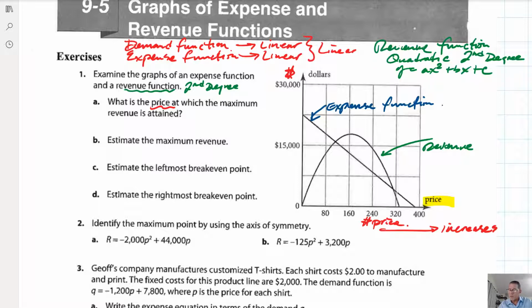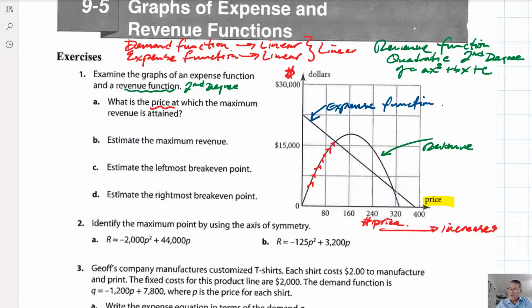But there's going to be a point, as you're going up the graph on the parabola, at which the price becomes too high and the public's not going to handle it, and they're going to end up buying less of it. And when they buy less of the product, the company's going to reach a maximum revenue or income coming in, and then it's going to start to decline.